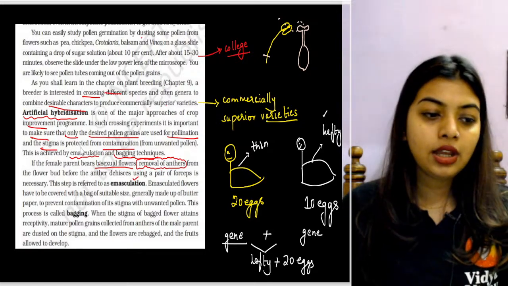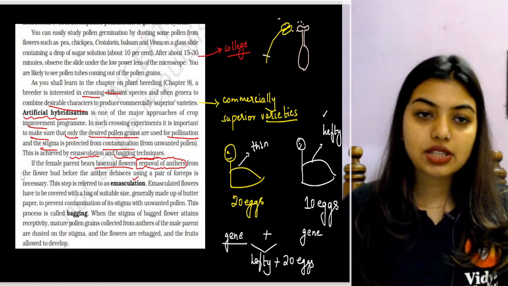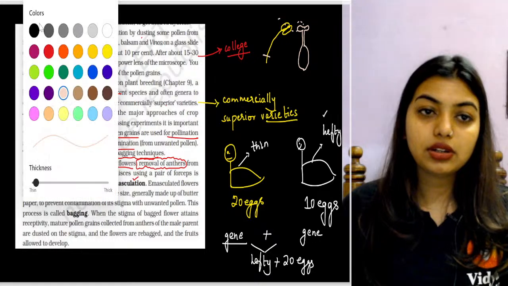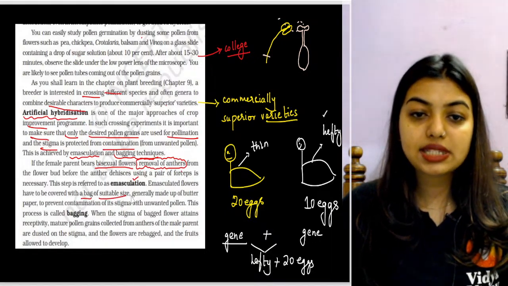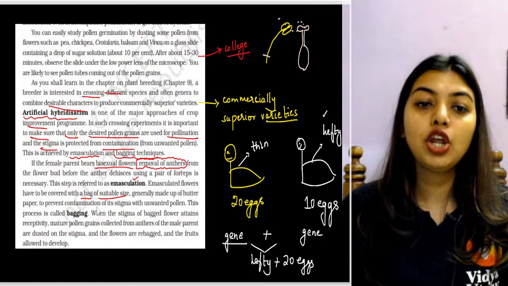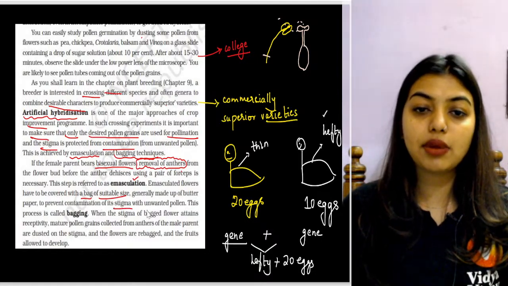Is this clear? Okay, chalo. Now that is called emasculation. Now the emasculated flower has to be covered with a bag of suitable size, generally made of butter paper, to prevent contamination of its stigma with unwanted pollen.